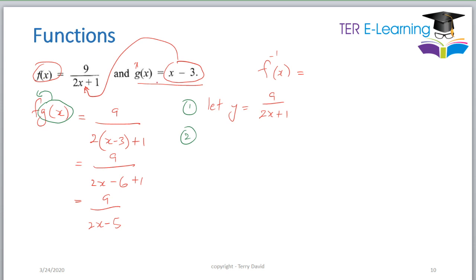So anywhere we see x, we're going to put y, and anywhere we see y, we're going to put x. So x is equal to 9 over 2y plus 1. So I'm interchanging x and y. But what I should do is write the x as x over 1, and then I shall cross multiply.